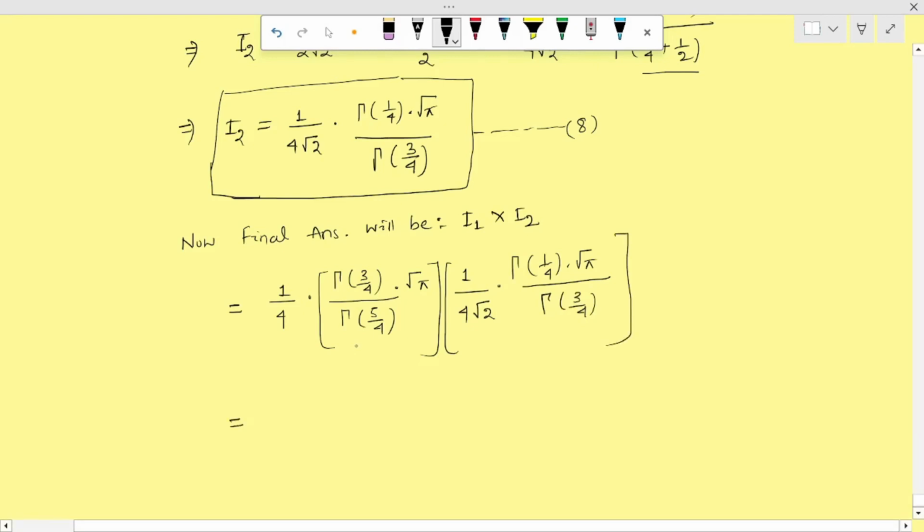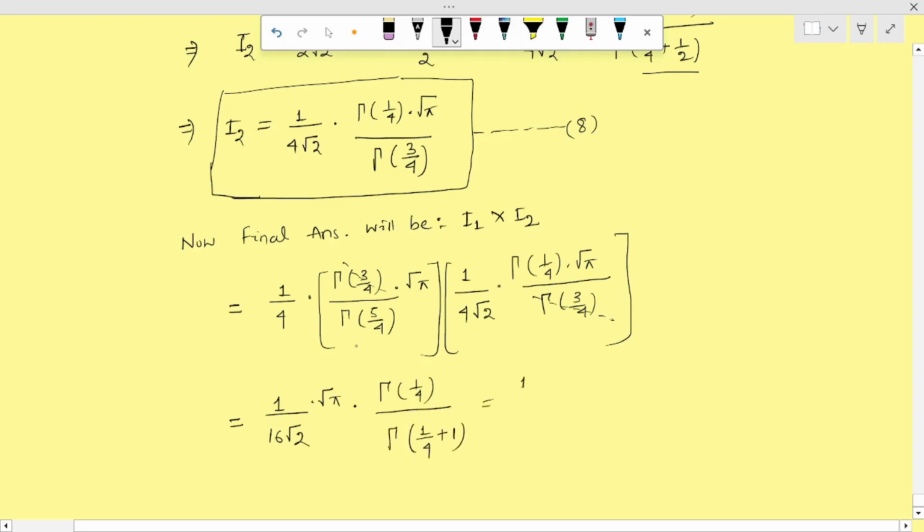So just to simplify, here gamma 3 by 4 gets cancelled. Root pi times root pi will be pi, and 4 times 4 is 16, so 1 by 16 root 2 into root pi into gamma 1 by 4 by gamma 5 by 4. Gamma 5 by 4 can be written as gamma of 1 by 4 plus 1, right?